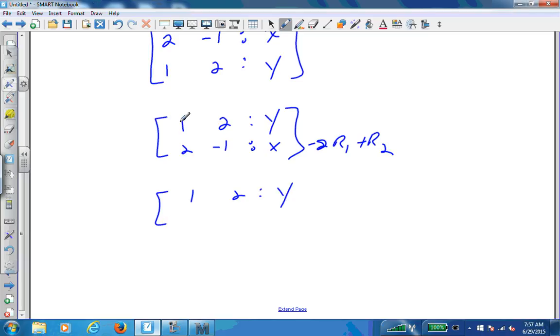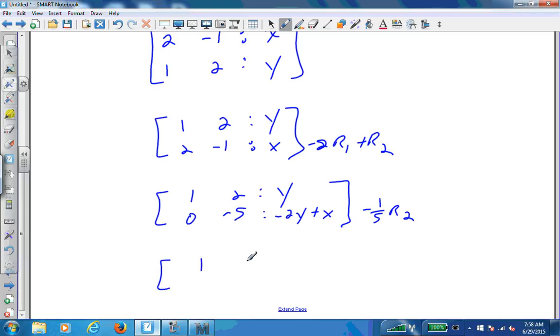So if I do minus 2 times 1 plus 2, that gives us 0. 2 times negative 2, that's minus 4 minus 5. Y times negative 2, that's minus 2y plus x. So then if we want to get a 1 here, do negative 1/5 R2, or you could say divide by negative 5.